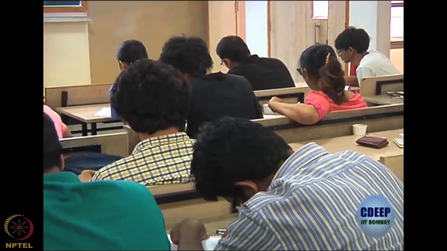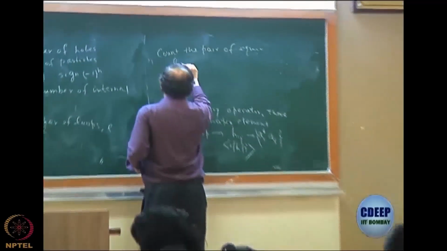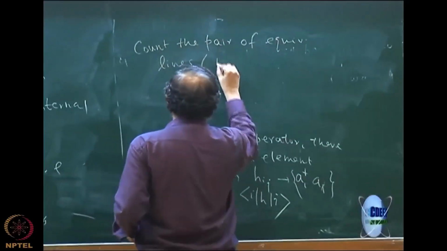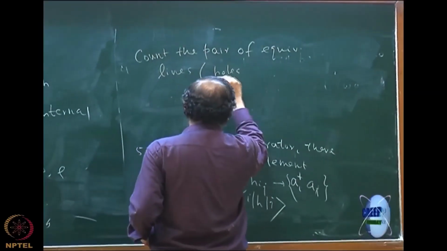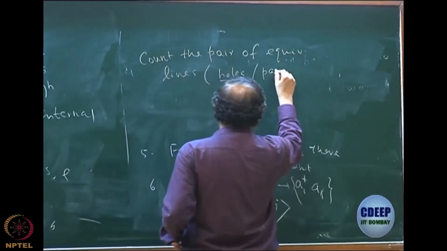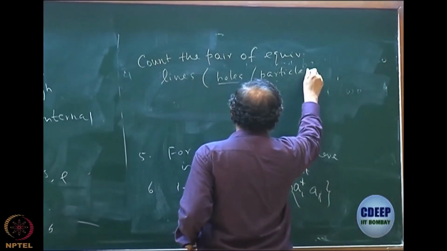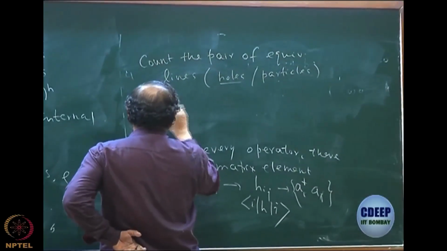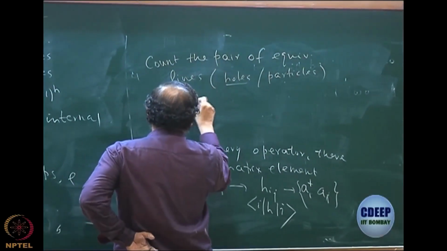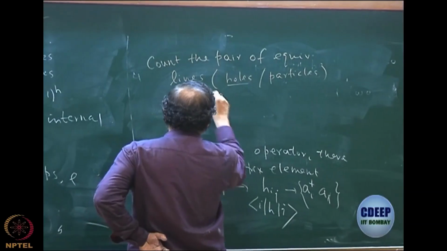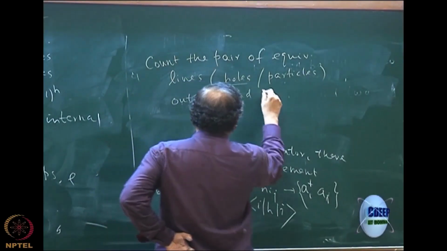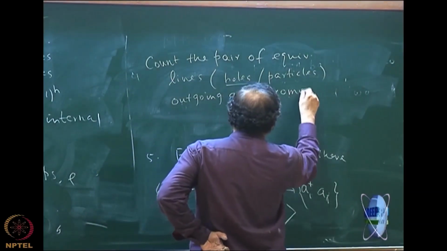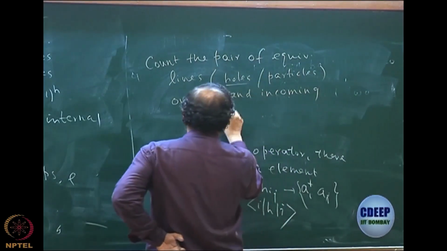What is an equivalent line? Equivalent lines must be either both holes or both particles, and they are outgoing on and incoming on the same vertices.